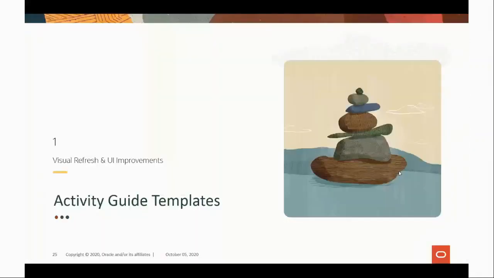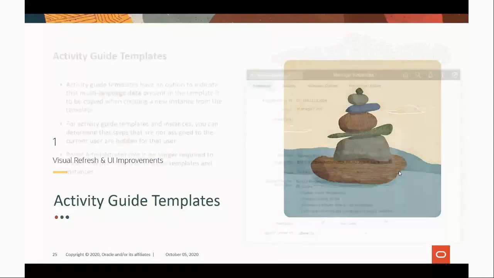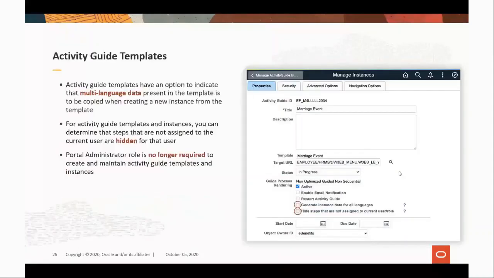Okay. So activity guide templates. In activity guide templates, we also made quite a few enhancements. One of the things is that we now have the capability of multi-language data while creating a template instance, right? So when we create an instance, we can create the instance in multiple languages.